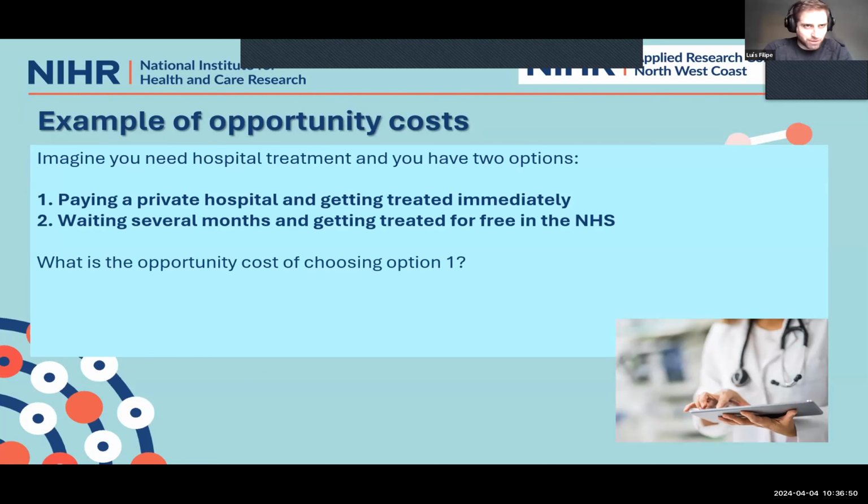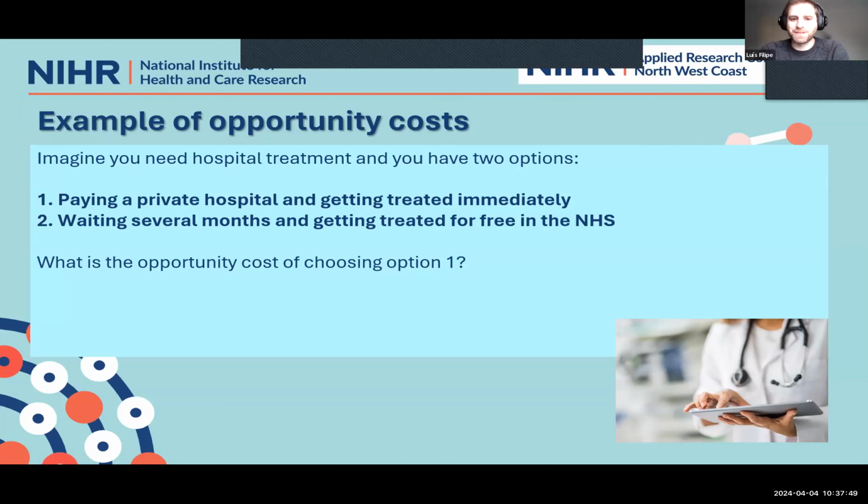And please now, I would really like to have your participation. So I'll give you some seconds, but please join and tell us what you think either in the chat or just unmute yourself and say. One of the participants said that the amount you will need to pay the private hospital is the opportunity cost.